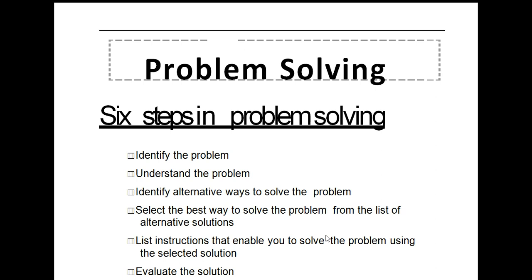And in the fourth step, select the best way to solve the problem from the list of alternative solutions. In this fourth step, we have to identify what is the best way to solve the problem from all the alternative solutions. Suppose you want to make a move from your home to Hyderabad, and you are staying at Nizamabad. Then we have to identify which is the best possible path for reaching Hyderabad from your home.